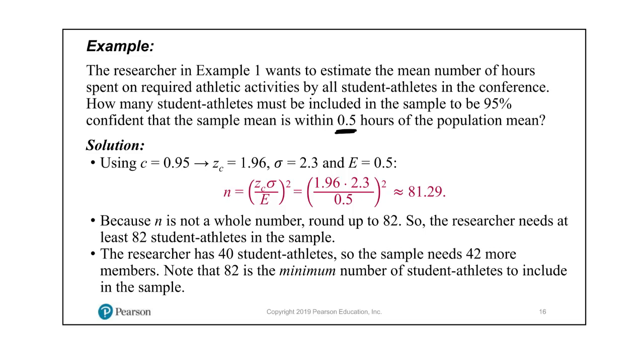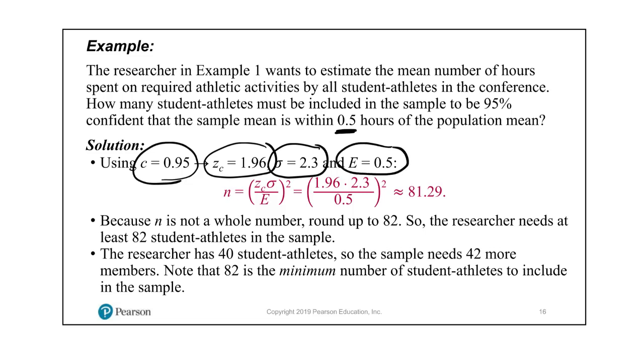We have our 95% confidence, so 0.95 for C, our critical value of 1.96, and the population standard deviation 2.3, and now the margin of error should be 0.5.